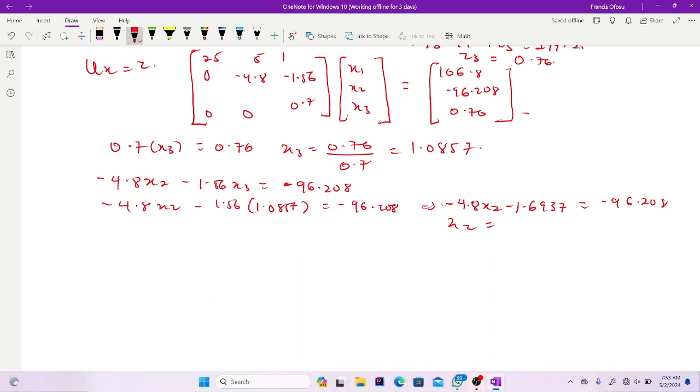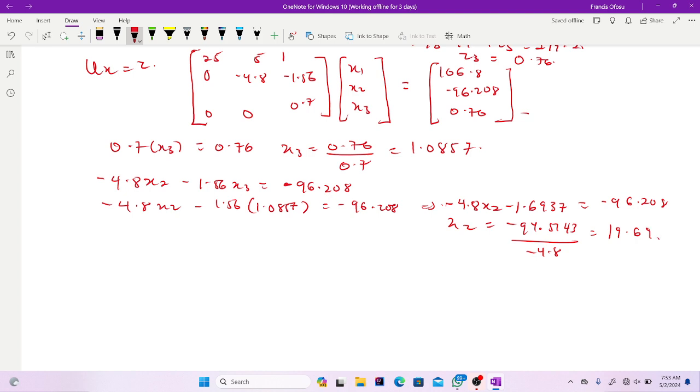And that is giving me negative 94.5143 all over the expression negative 4.8, right? Yeah. And what am I getting? I'm getting 19.69. Then let's write our final answer.